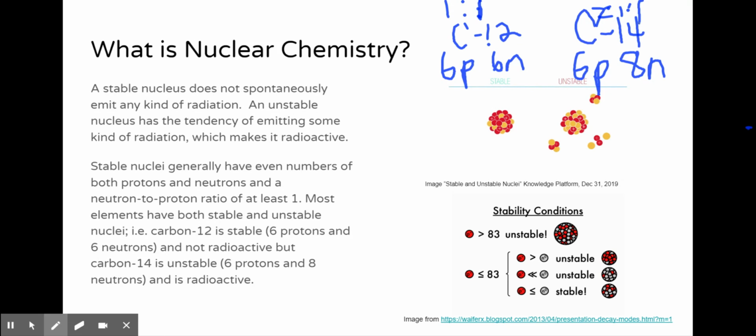Carbon-12 is stable and does not emit any radioactivity or radiation. Carbon-14 is unstable and has to emit radiation in order to become stable. Not necessarily carbon-12. It could be a different product, and in fact, it is a different product. It is not carbon-12.